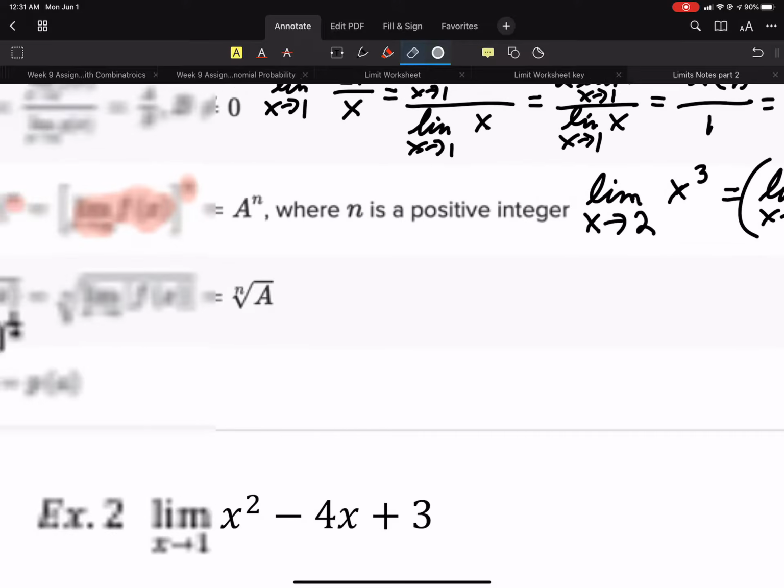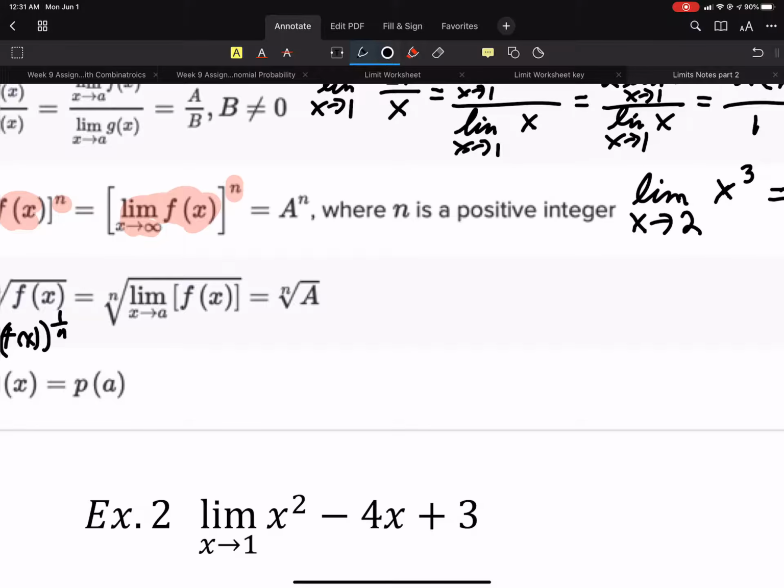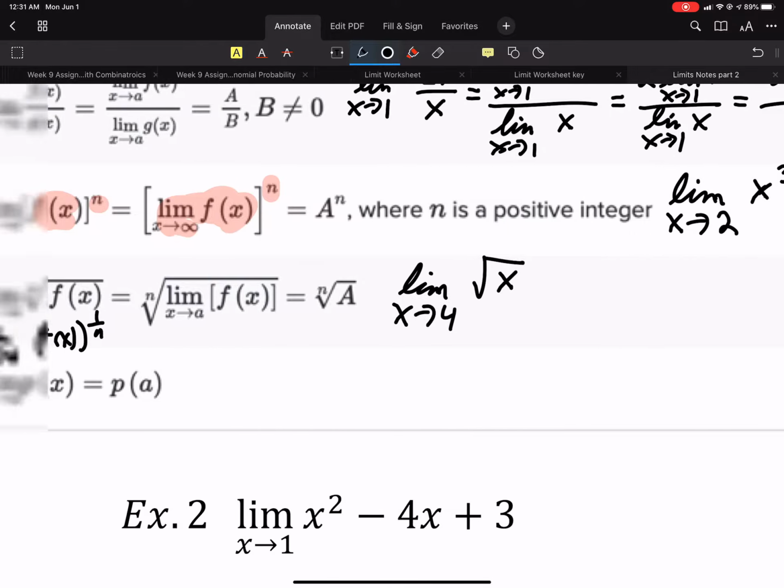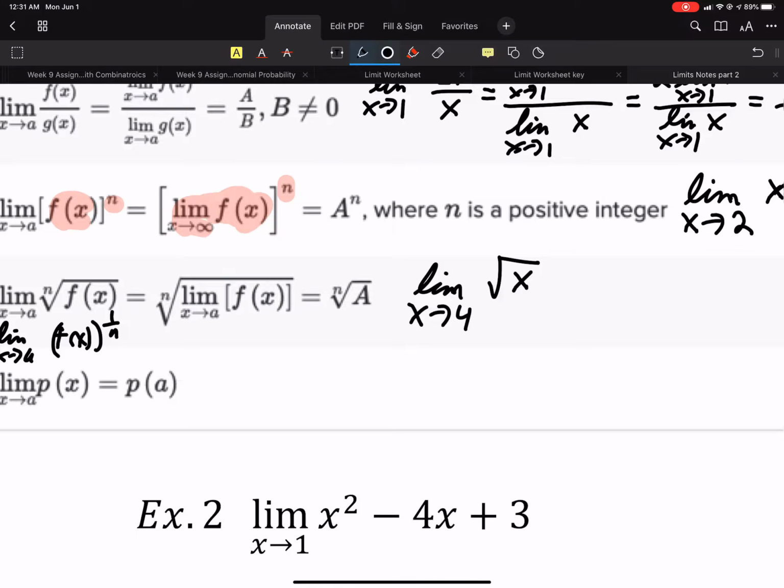So let's do this. The limit as x approaches 4 of the square root of x. So we have a root, limit of a root.